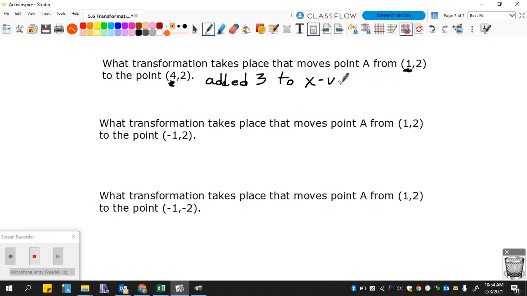If we add something to the x value, that means we moved right 3 spaces, which means that it is a translation.